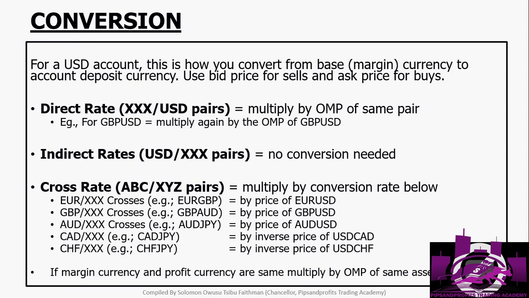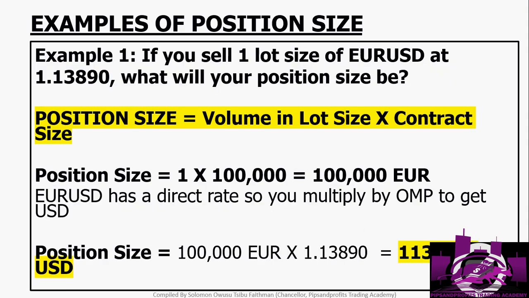When you compare USD CAD to CAD USD, you will see that CAD USD is the inverse of USD CAD. So for CAD paired with any other currency, to get the final position size, you multiply by the inverse price of USD CAD. The same applies to CHF. We also said that if the margin currency and profit currency are the same, you multiply by the open market price of the same asset.